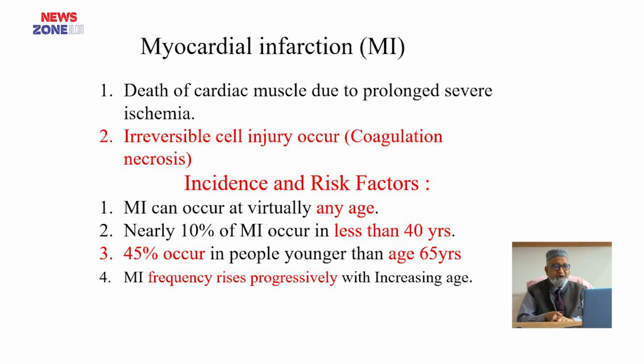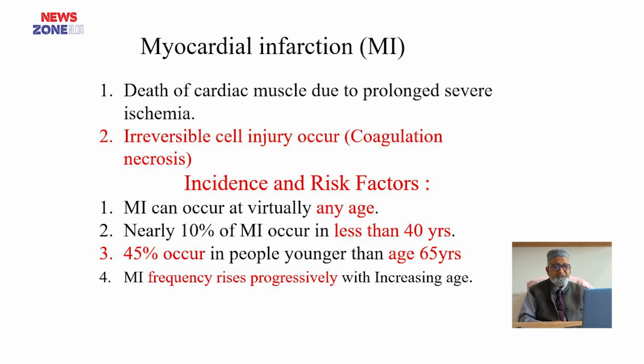So, now I am going to discuss the incidence and risk factors of myocardial infarction. Myocardial infarction may occur virtually at any age, but under 40 it occurs in nearly 10% or less, while 45% occurs at more than 60 years of age.